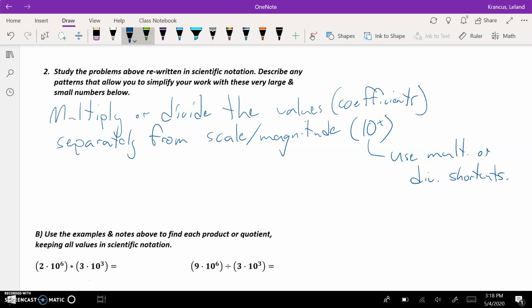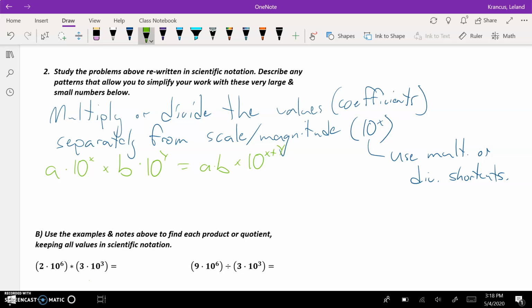So to show what this looks like symbolically, you could look at some of those examples up there that you did, and you'll notice that this works. If you have two numbers, so let's say you have a times 10 to the x, and you're multiplying it by b times 10 to the power of y, the resulting product could be written as a times b times 10 to the power of x plus y.